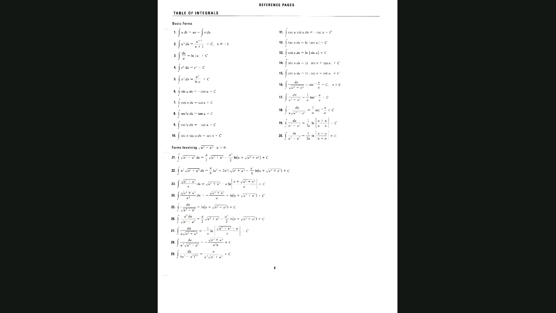Okay, and remember that our integral, we had the integral of 1 over x squared times the square root of 4x squared minus 7.